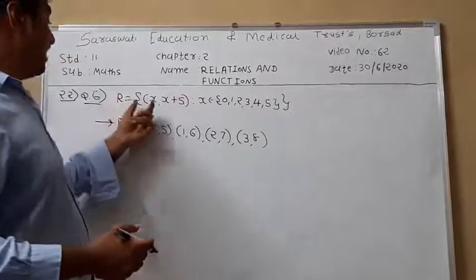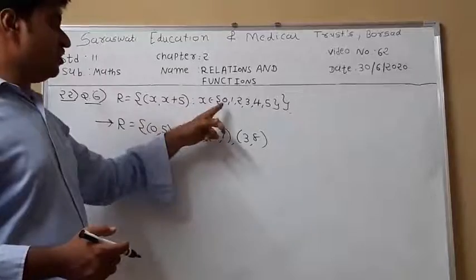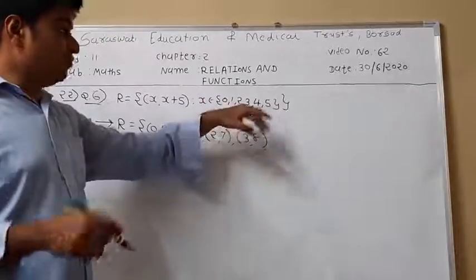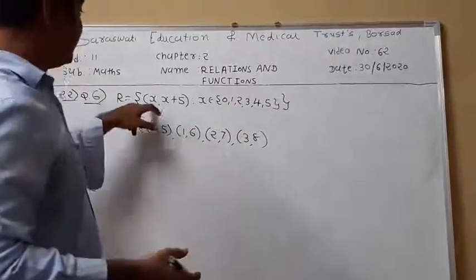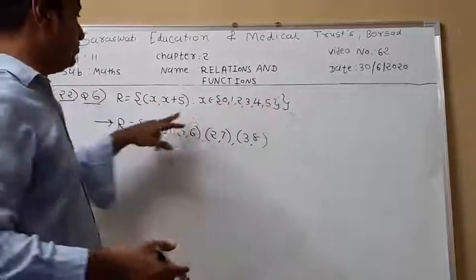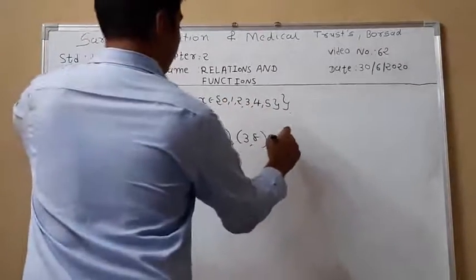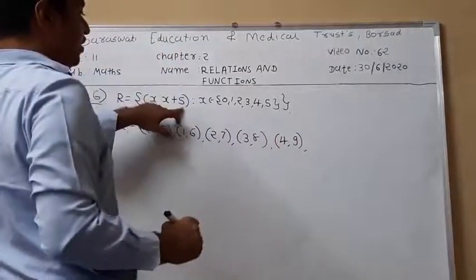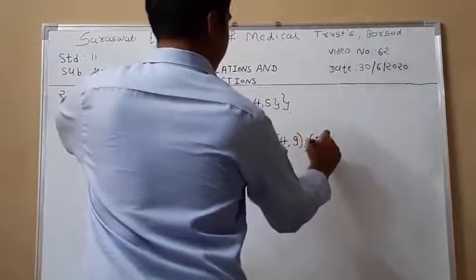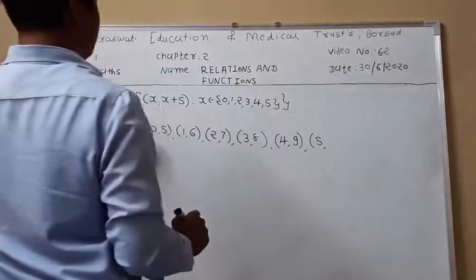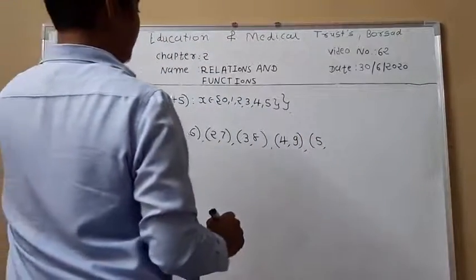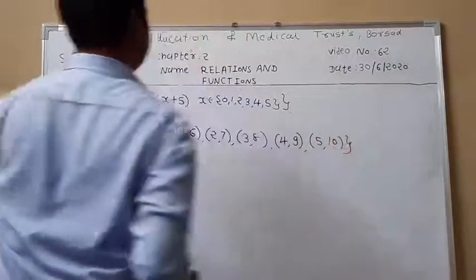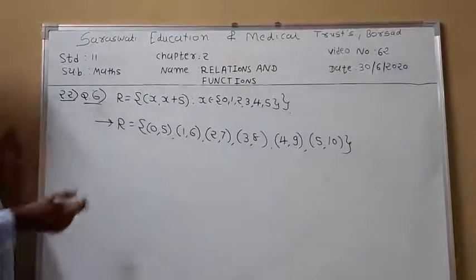And R is equal to these ordered pairs. So we can go up to 5, and we can substitute these numbers in place of x. So now in place of x write 4. 4 plus 5, 9. After that, 5 plus 5, that means 10. Clear?